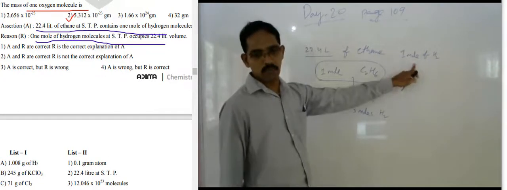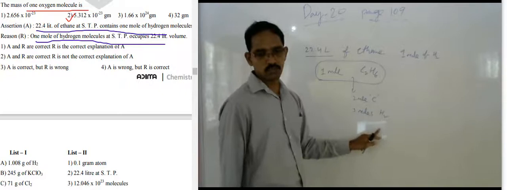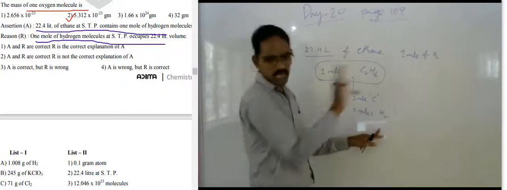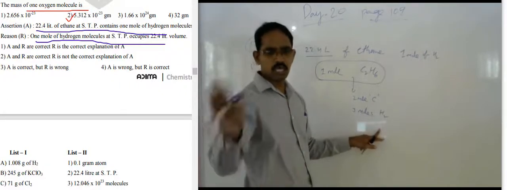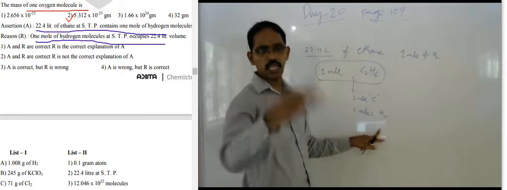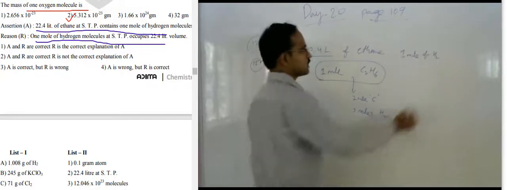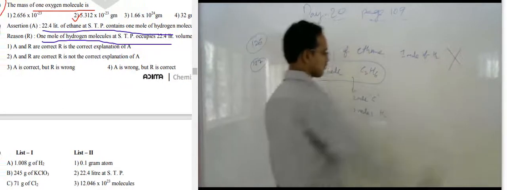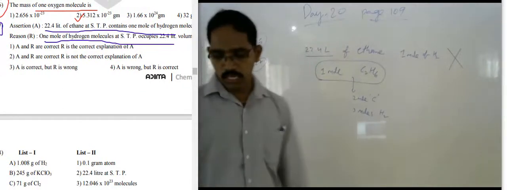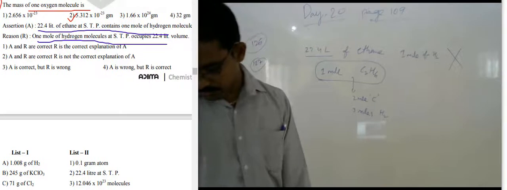The statement says 1 mole of H2, but actually 3 moles H2 is there. Total 6 hydrogen atoms are there, 6 hydrogen atoms means 3 H2 molecules. So this statement is wrong. Yes, assertion is wrong.